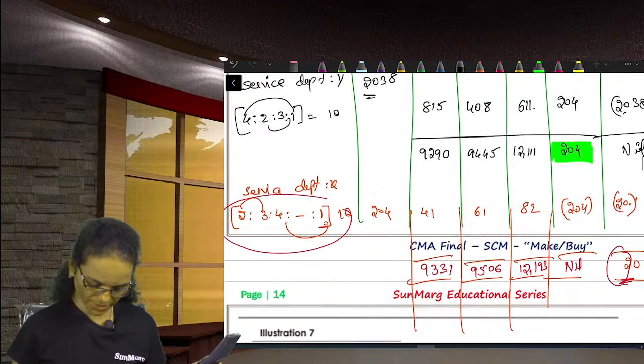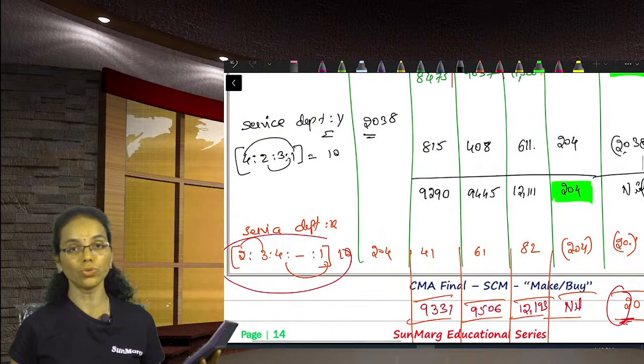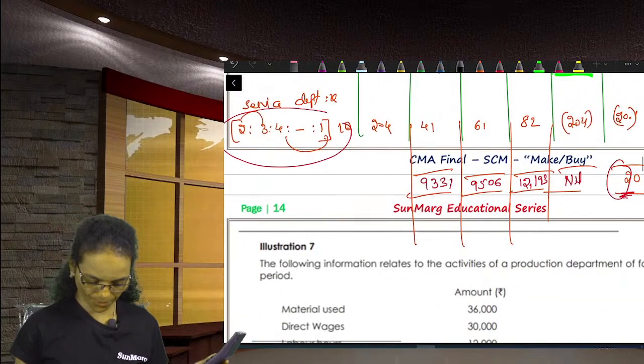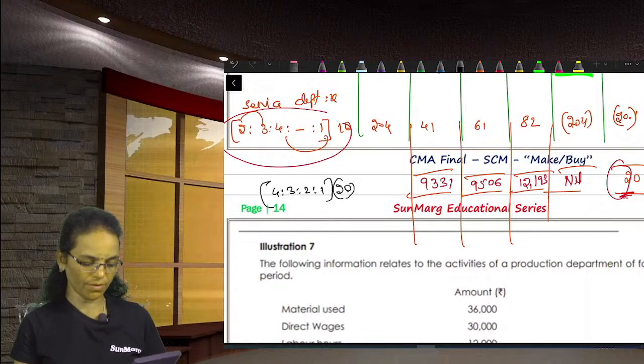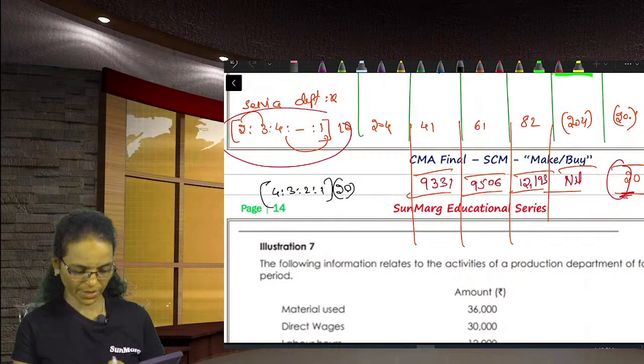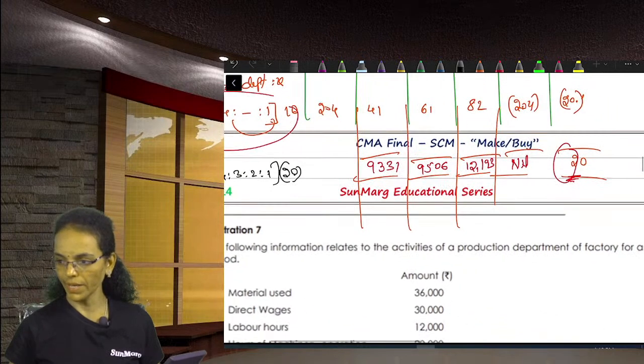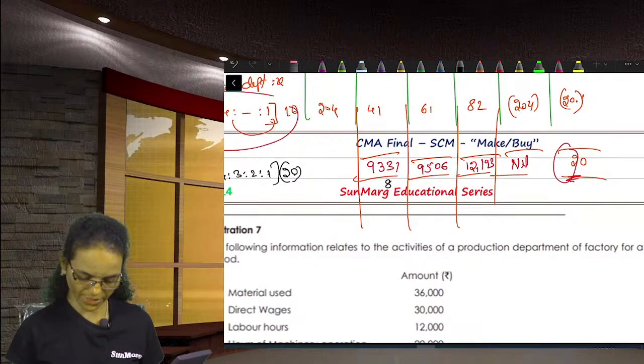This 20 rupees in this ratio 4:3:2:1. 20 divided by 10, into 4, that is 8, here I am writing 8.